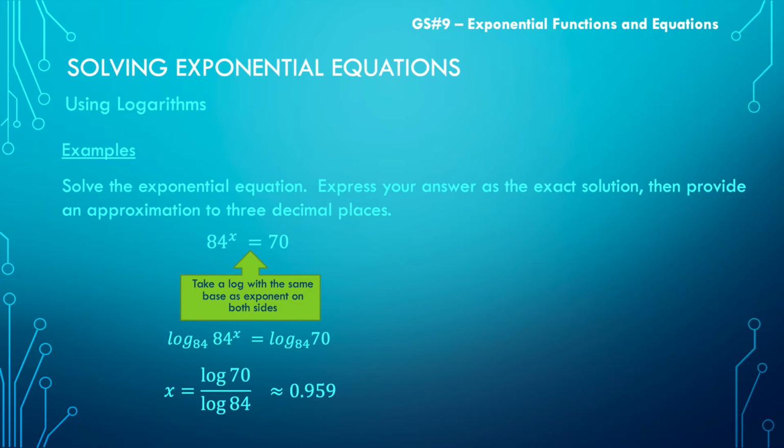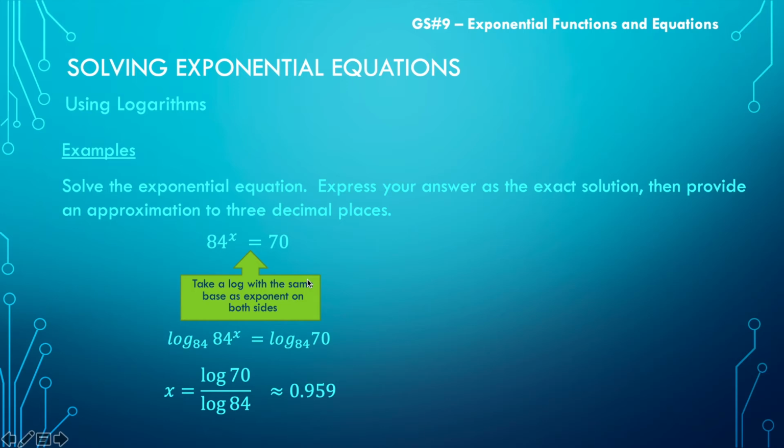And that also allows us to pretty easily sub that back into our equation and check our work. Now, when you do that, you probably won't get exactly 70 out because this is an approximation. You'll probably get something really darn close to 70, but not exactly 70.